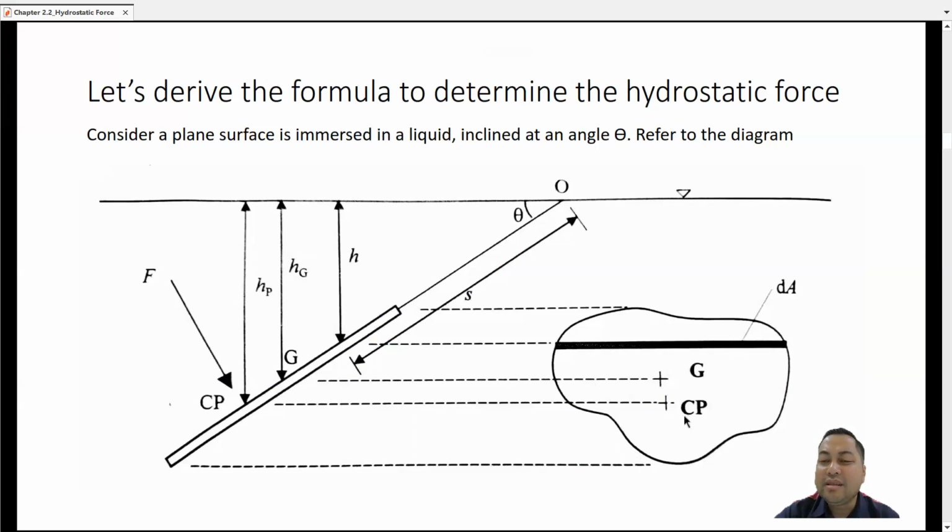Cp is the center of pressure, the point where the hydrostatic force will act. Hg is the vertical depth of the center of gravity from the free surface, while Hp is the vertical depth from the free surface to the center of pressure.